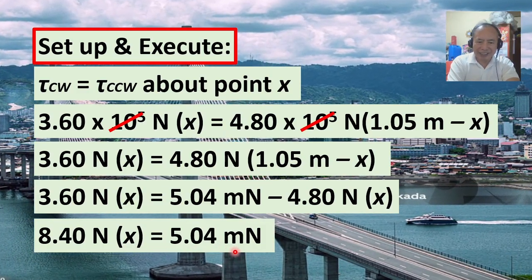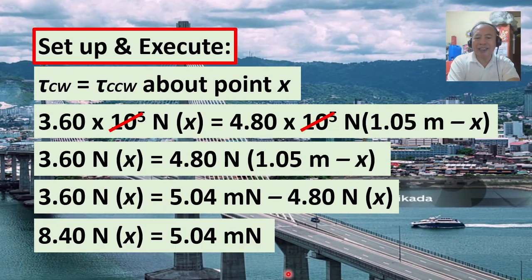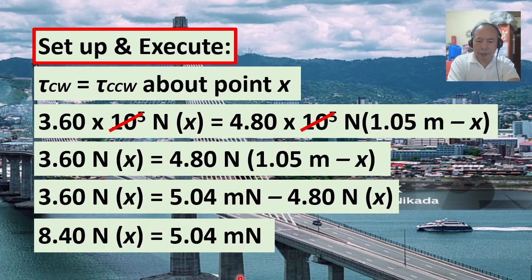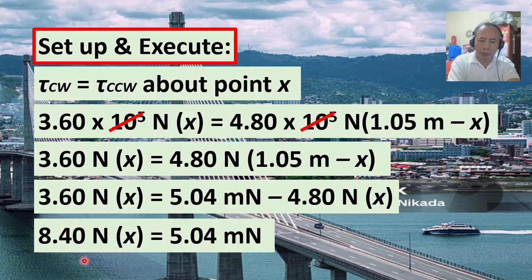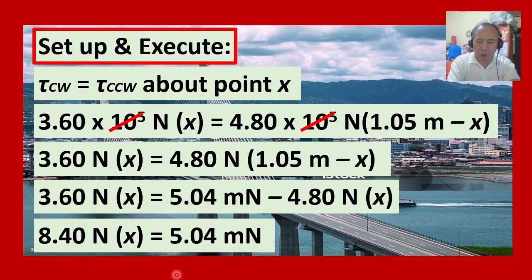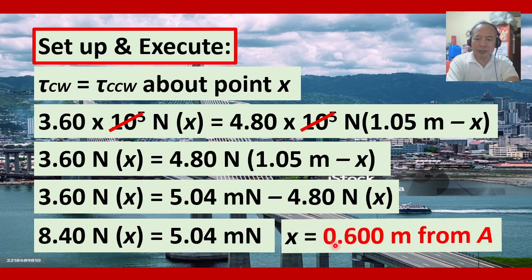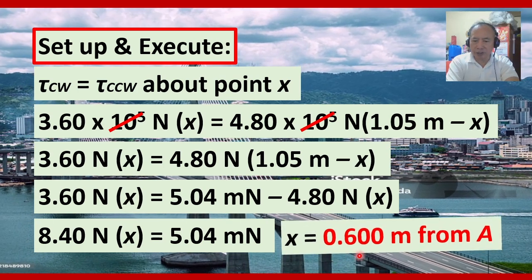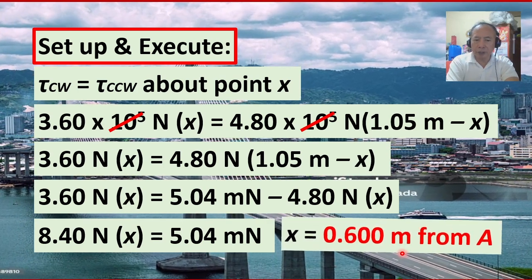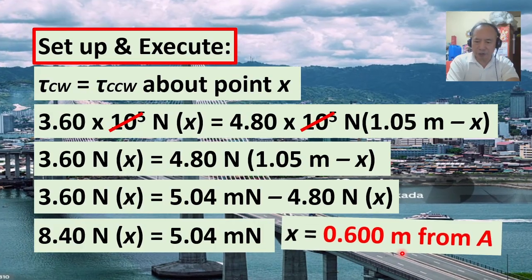And obviously, we can get the value of x by dividing both sides by 8.40 Newton. And presto, we find the value of x equal to 0.600 meter in three significant figures as well.